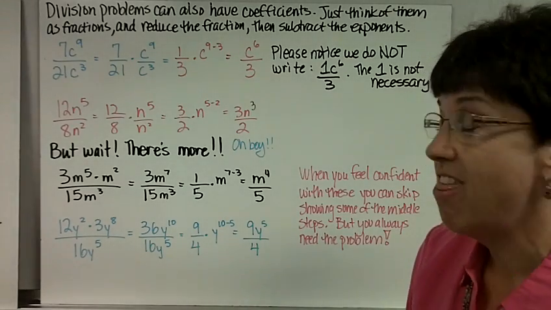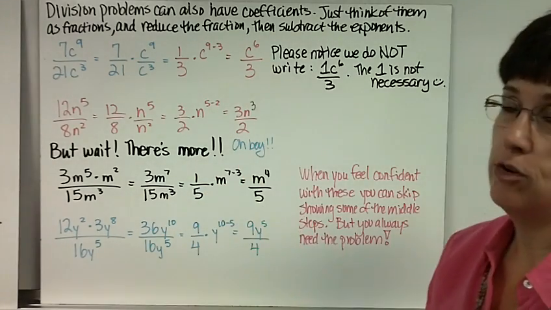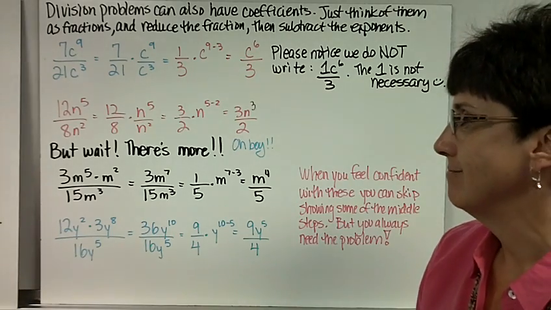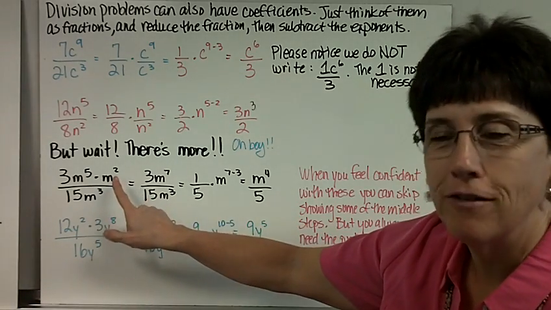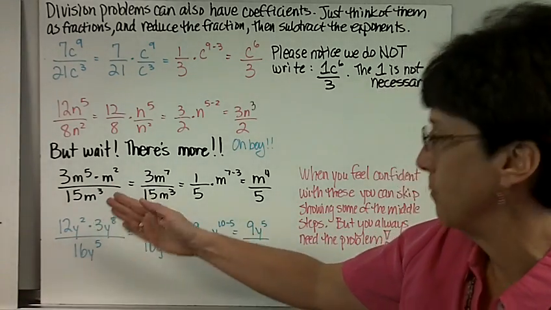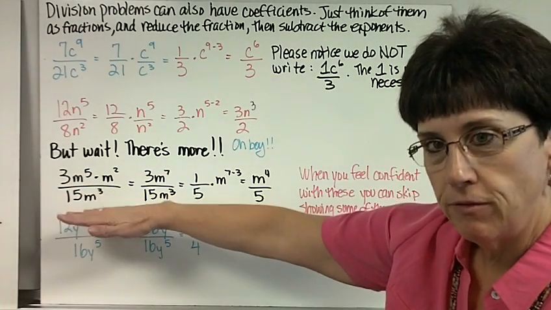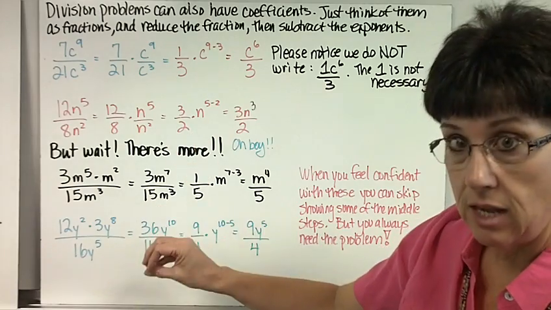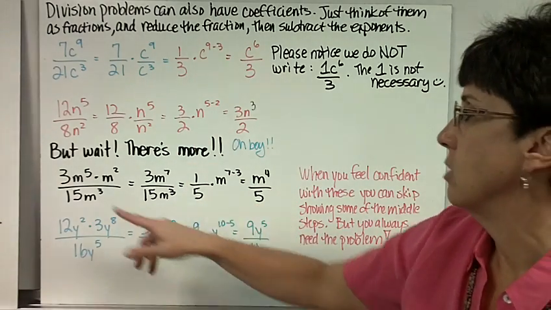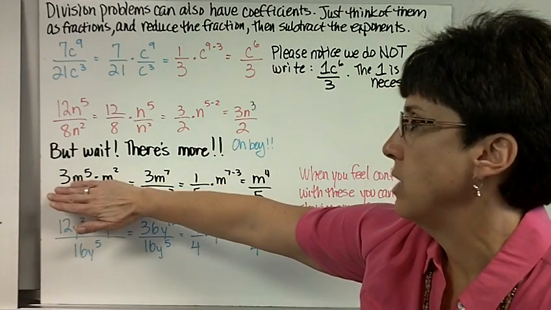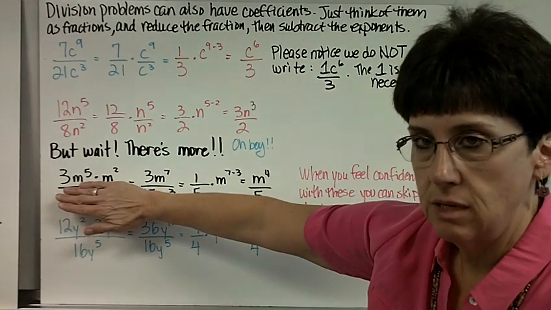But wait, there's more. I know you're thinking, oh boy. What if you have a problem where you have to do multiplication and division? Well, simplify your numerator, simplify your denominator, then you can do the subtracting, okay? So our numerator is 3m to the 5th times m squared.